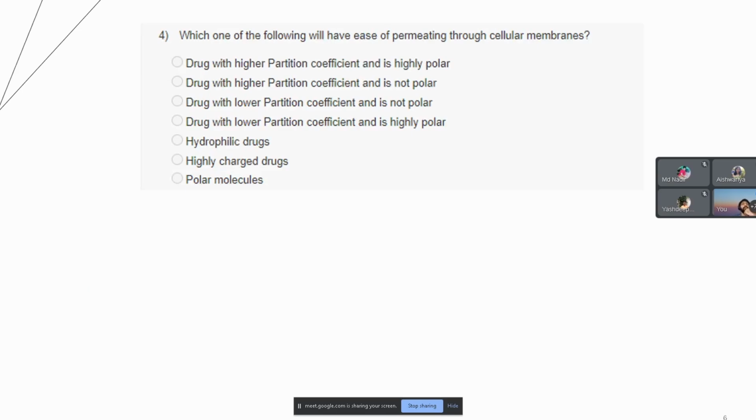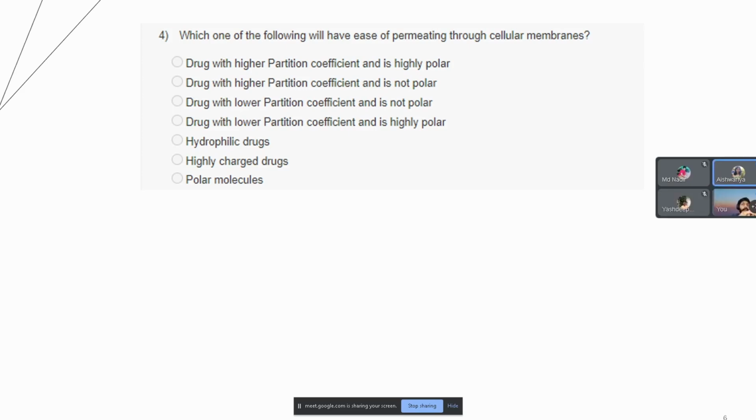Okay, let's go on to the next question. Which one of the following will have ease of permeating through cell membranes? So we have different drugs here. It will be the second option, right? So you're saying a drug with a higher partition coefficient and a drug that is not polar will have the highest ease of permeating through the cell membrane, right?